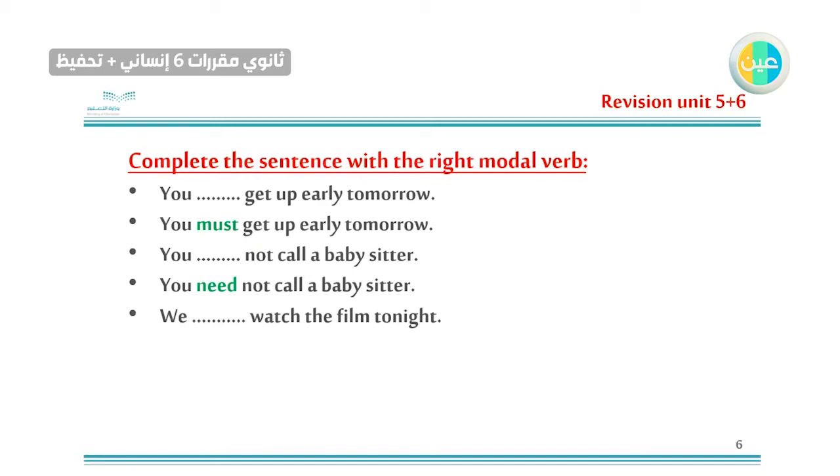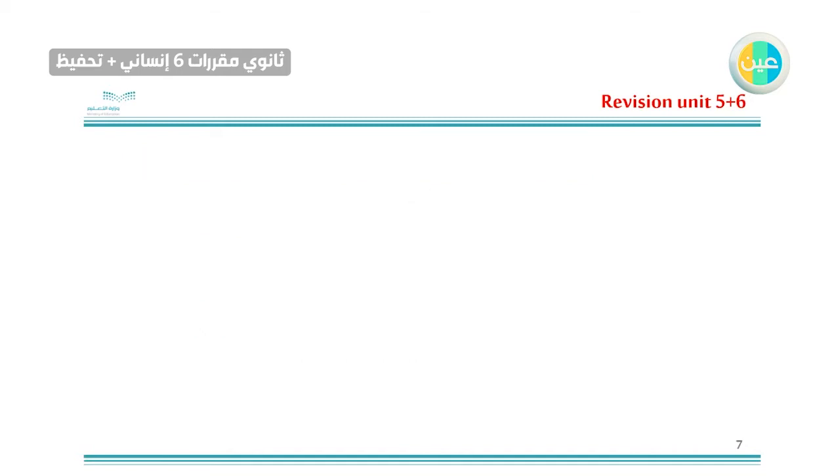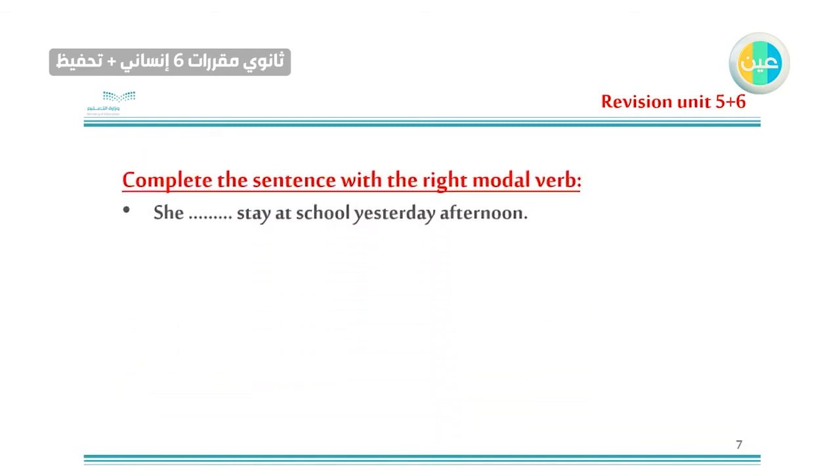We watch the film tonight. So here it's not obligation for sure, it's not necessity, and it's not forbidden. So it's just possibility. We may watch the film tonight. She stayed at school yesterday afternoon.